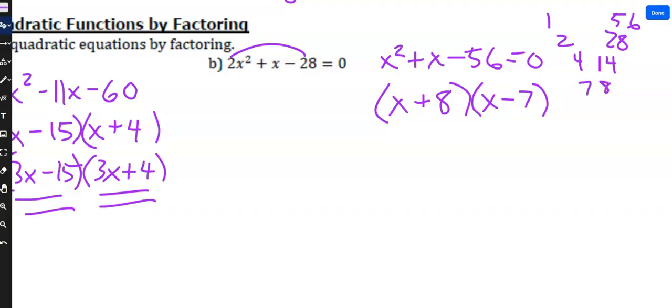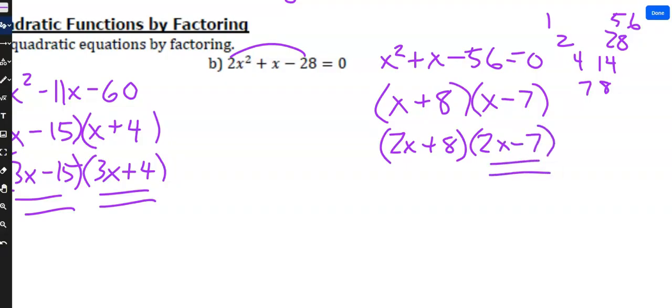Okay. And see, the 2 that magically disappeared at the beginning comes back. 2x minus 7. And then we look for the GCFs, nothing there. I can pull a 2 out of there. So my correct factorization was x plus 4 and 2x minus 7.